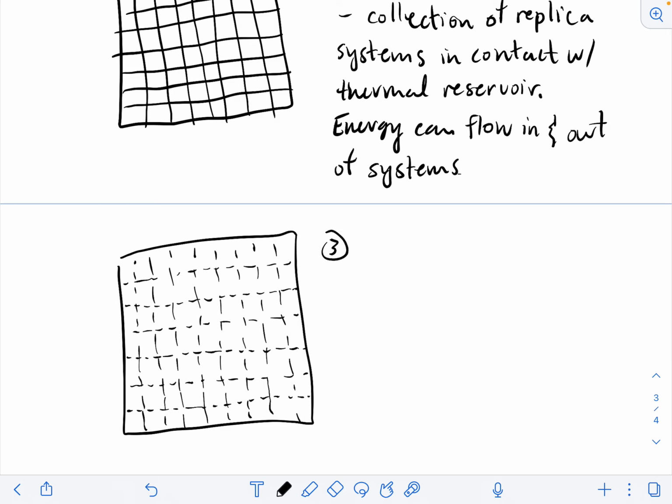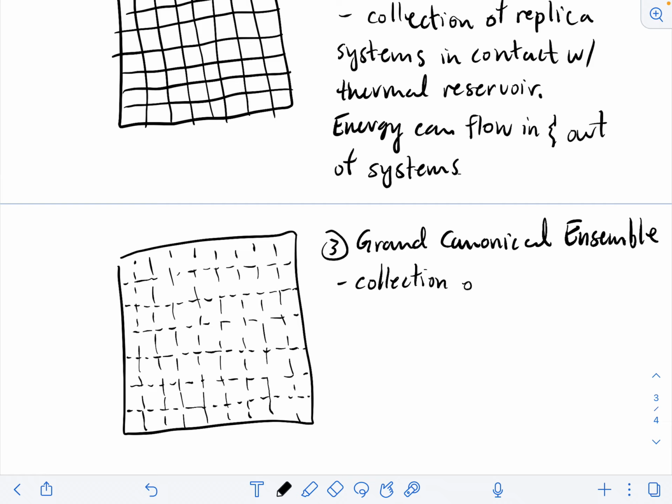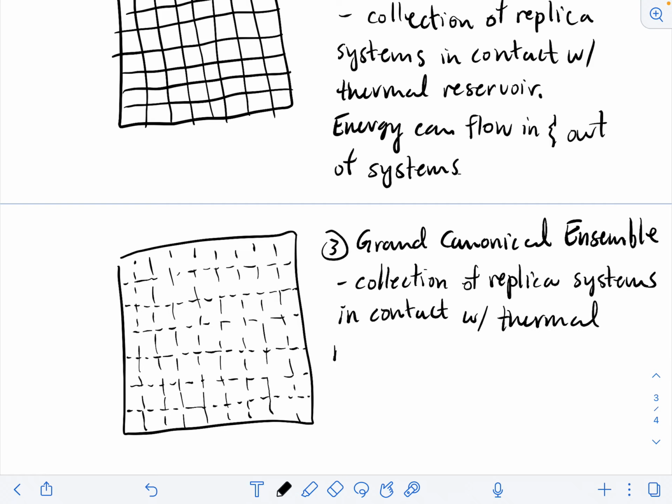Okay, so this is going to be the grand canonical ensemble, and it's a collection of replica systems in contact with a thermal reservoir and a particle reservoir.